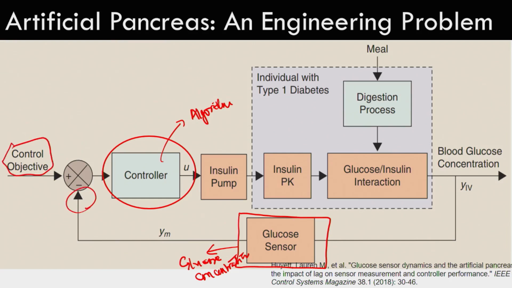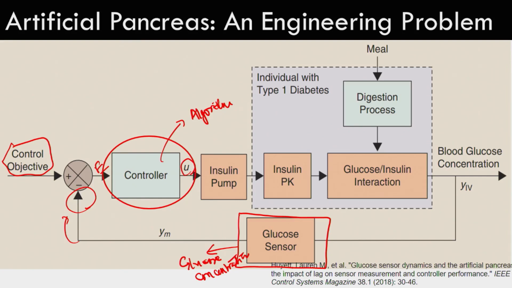Let us say I want to maintain my glucose level within a certain range. That is my range in which I need to control the glucose, and this is whatever signal is coming in. It calculates the error difference between the objective and the real-time value, and then the controller generates a signal U, which controls the insulin pump and tries to bring it down within that same range.